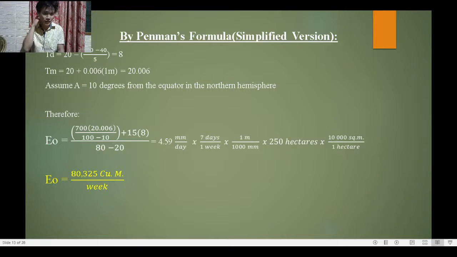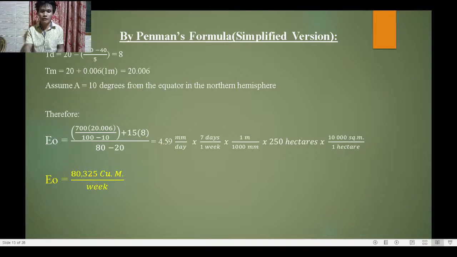Since the latitude is not given, we assume 10 degrees from the equator in the northern hemisphere. Therefore, E sub O equals 700 multiplied by 20.006 divided by 100 minus 10, plus 15 multiplied by 8, all over 80 minus 20, which is equal to 4.59 millimeters per day.